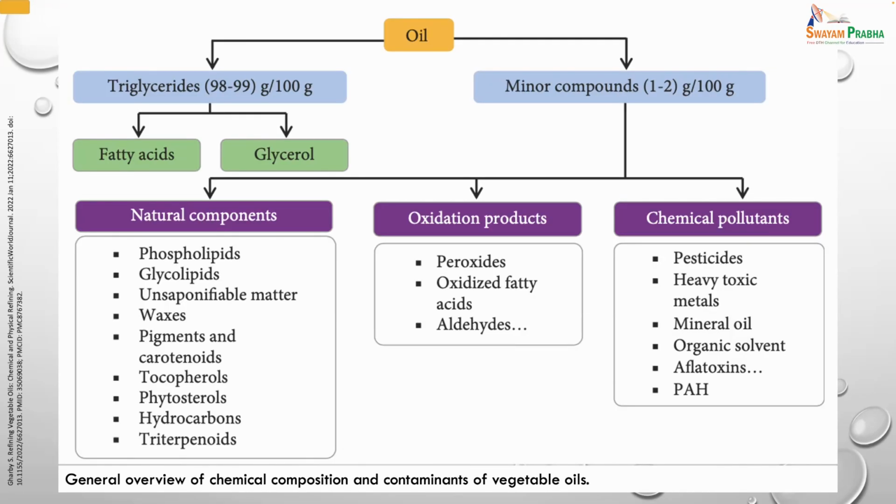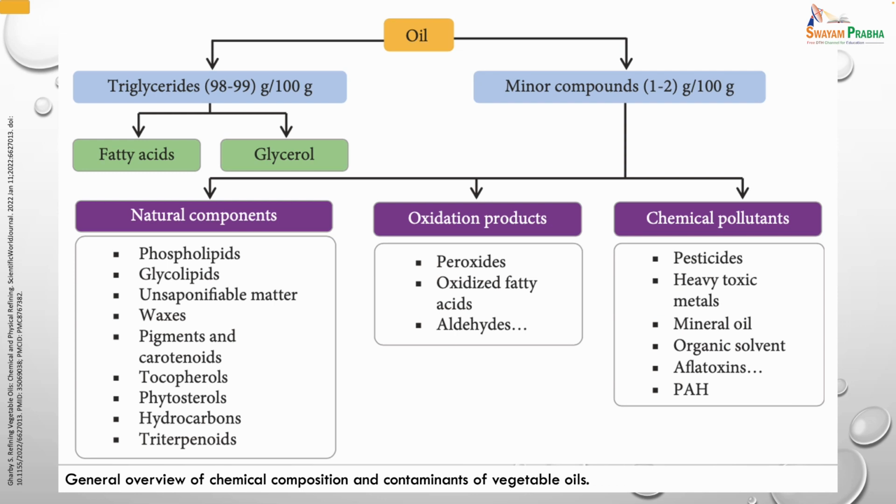This is a chart showing the components of crude oil. It contains triglycerides, 98 to 99 grams per 100 gram, which contain fatty acid and glycerol, whereas minor compounds are 1 to 2 grams per 100 gram, and include natural components like phospholipids, glycolipids, unsaponifiable matter, waxes, pigments and carotenoids, tocopherols, phytosterols, hydrocarbons, and triterpenoids.